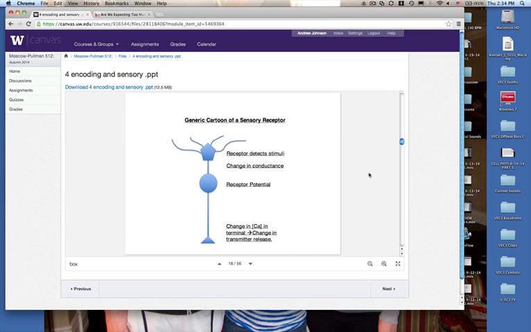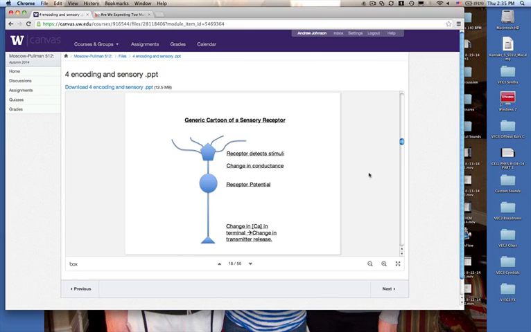Sometimes you'll see generator potential in place of receptor potential, and the difference is a generator potential can generate action potentials, but doesn't always, and the receptor potential is a change, but we've settled on receptor potential, so that's what you'll see. So the receptor potential is going to be this change in conductance. It's a small, locally graded change in your resting membrane potential, as you'll see.